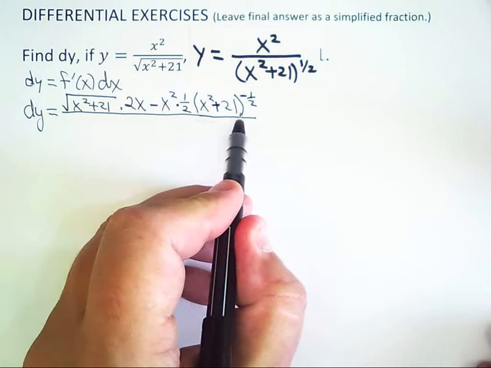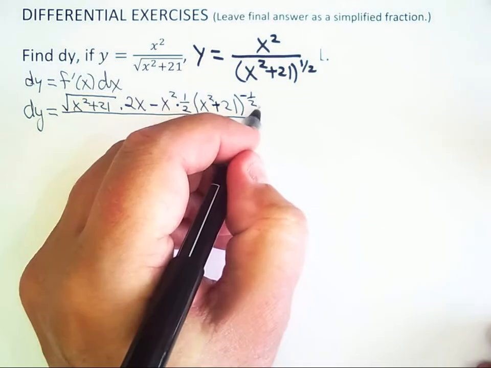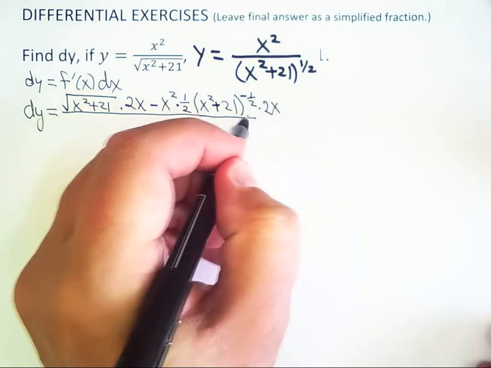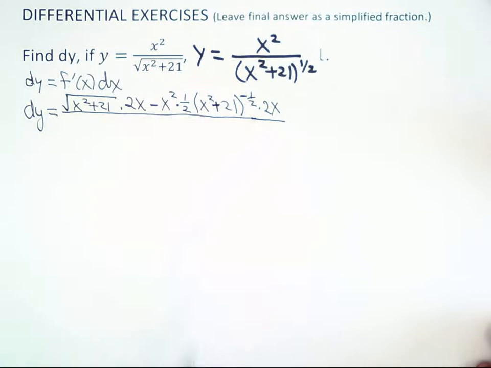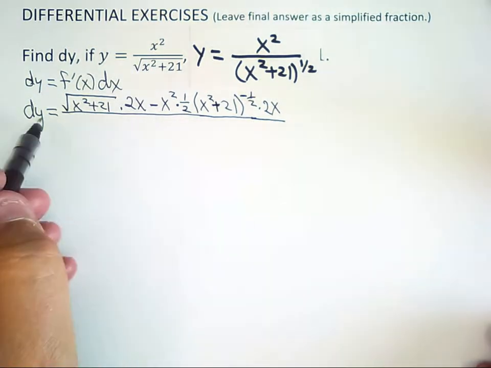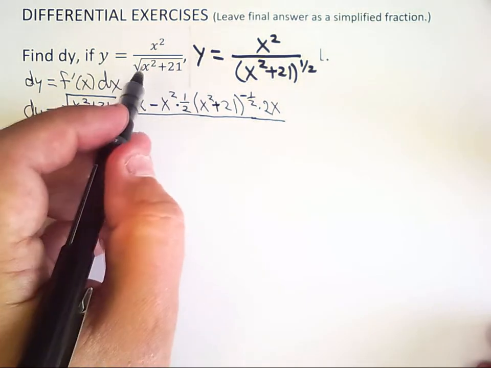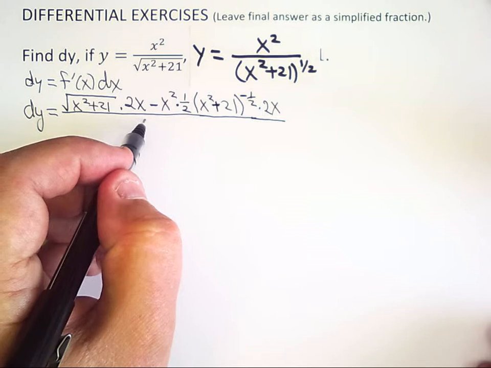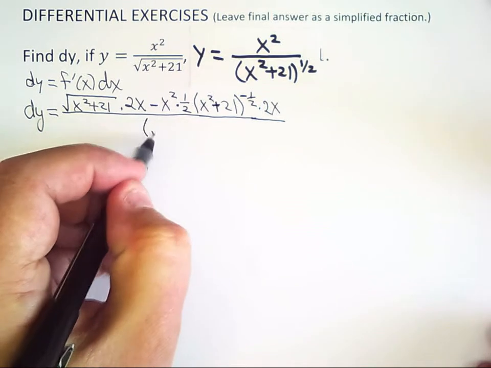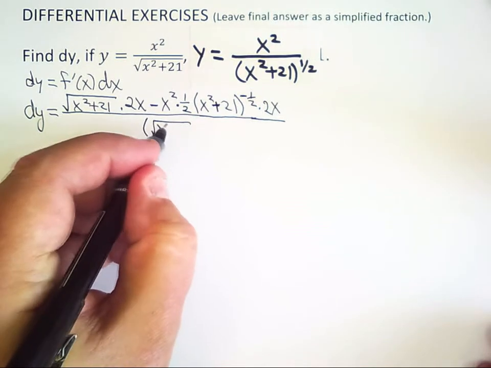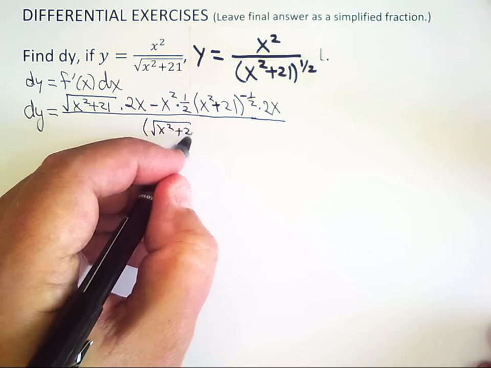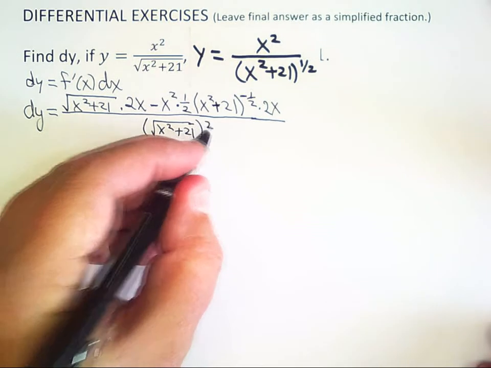Then by the chain rule, you have to take the derivative of the base, which means multiplying by 2x. And then, of course, the denominator of the quotient rule is the denominator of the original squared. So you've got the square root of x squared plus 21, all squared.